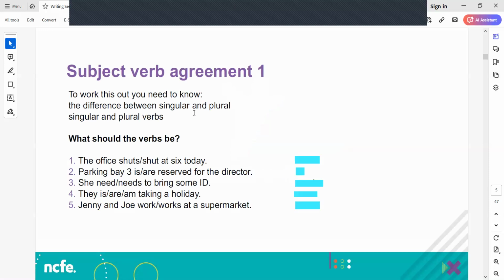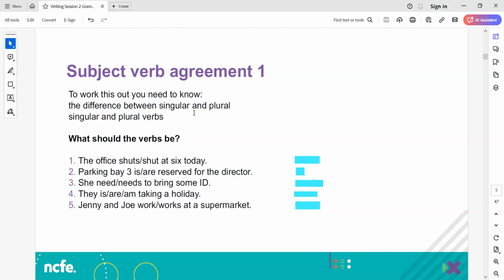Okay, so subject-verb agreement. To work out the agreement, you need to know the difference between singular and plural verbs. So if we have a look at these examples, what should the verbs be? Number 1, the office shuts at 6 today, or the office shut at 6 today.